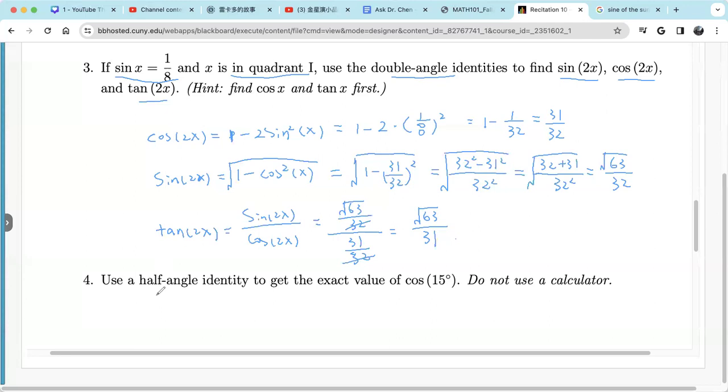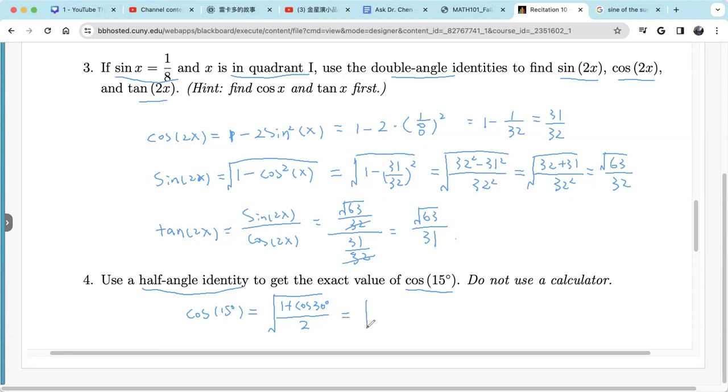4, we want to use a half angle identity to get the exact value of cosine 15 degrees. So cosine 15 degrees equals positive square root of 1 plus cosine of 2 times 15, which is 30 degrees, divided by 2.